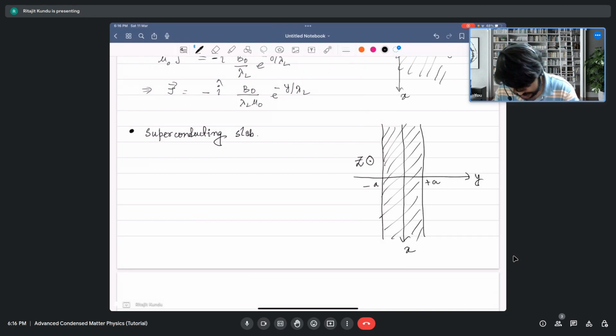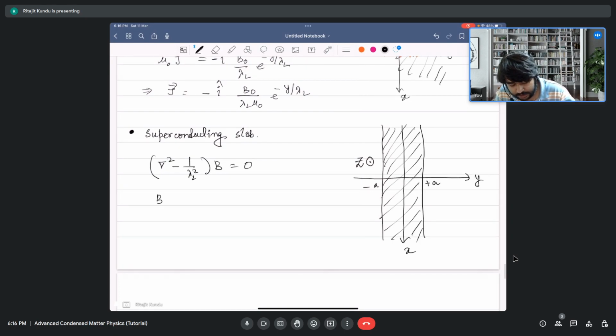London's equation is given by grad square minus 1 by lambda L square acting on B. Here also the applied magnetic field, B applied, is like last time: a constant magnetic field in the z direction, and it has an oscillatory part.